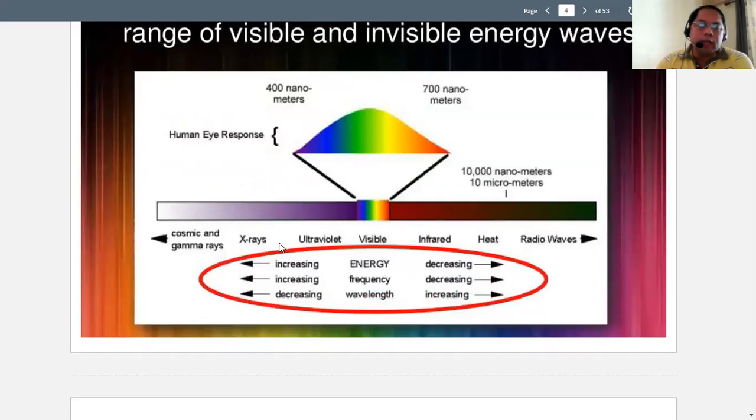As you go to the left, the energy there is increasing, and you'll realize that some of the waves here are used in some medical fields, as you go from the center to the left. I think they are used in some medical fields, like to treat cancer.